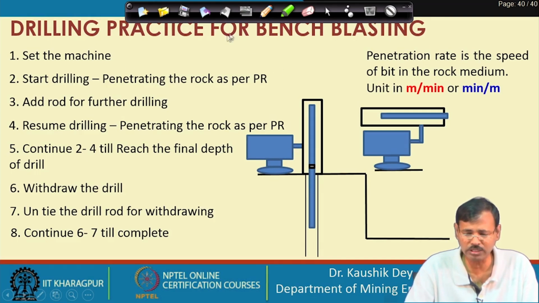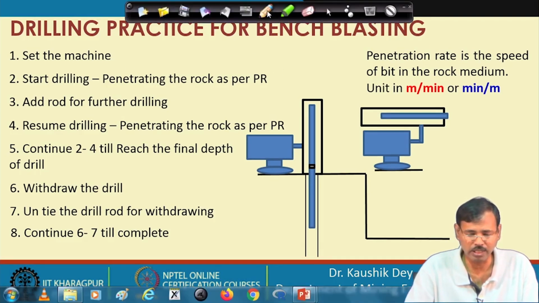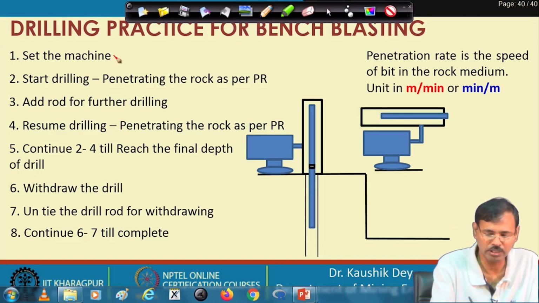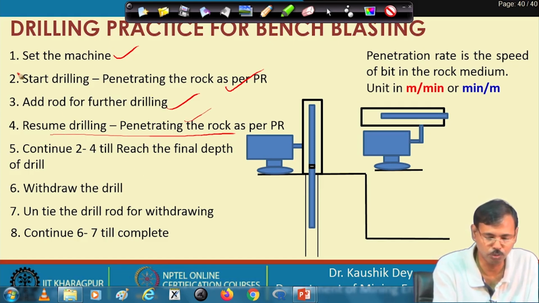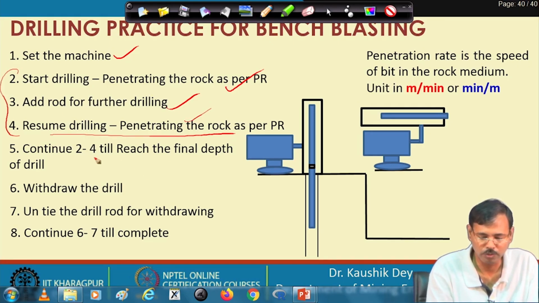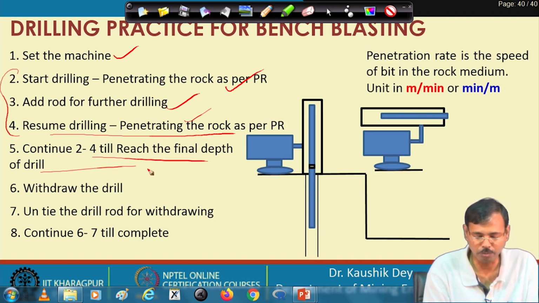So, the whole process I have expressed in this slide. First you need to set the machine, then you need to start drilling, penetrate the rock as per the penetration rate, then add the second rod for further drilling. If you need to go for adding different rods in case of a very deep hole, so you have to resume drilling and penetration. This 2 to 4 will be repeated for more number of holes.